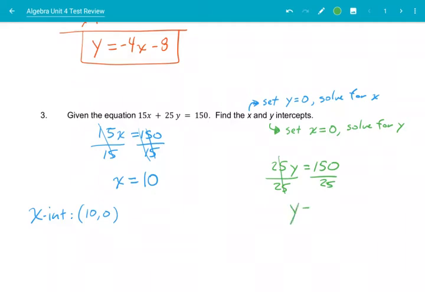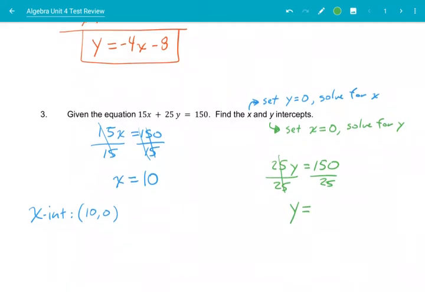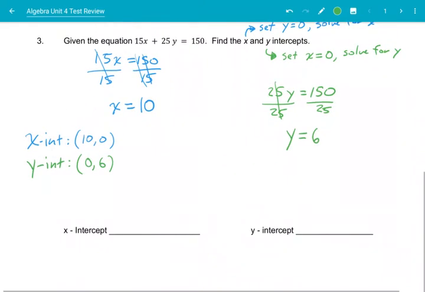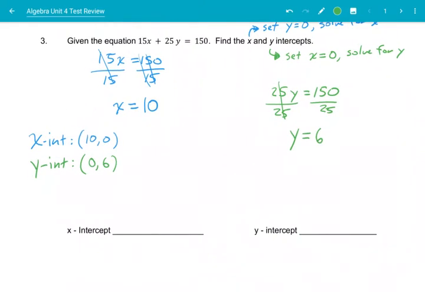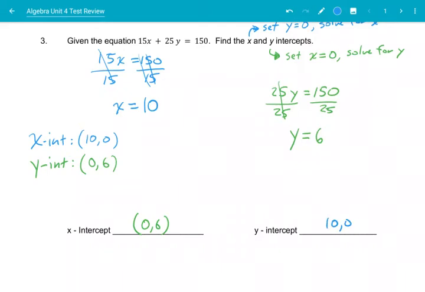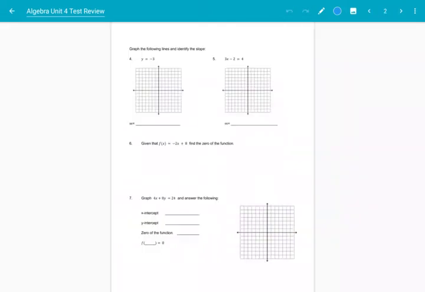Y equals 150 divided by 25, that's 6. So the y-intercept is 0, 6. Let me write these down here: 0, 6, and then 10, 0. All right, let's go to the next page.